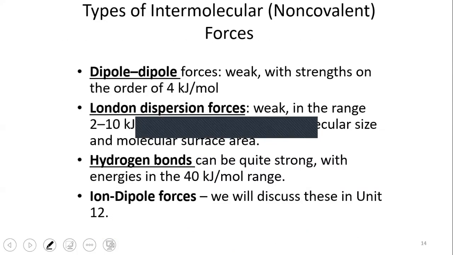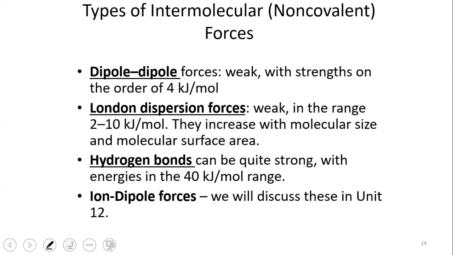The second type is London dispersion forces. These are also weak forces in the range of about 2 to 10 kilojoules per mole. But what's interesting about these forces is that they tend to increase with the molecular size and the molecular surface area. So they are variable.